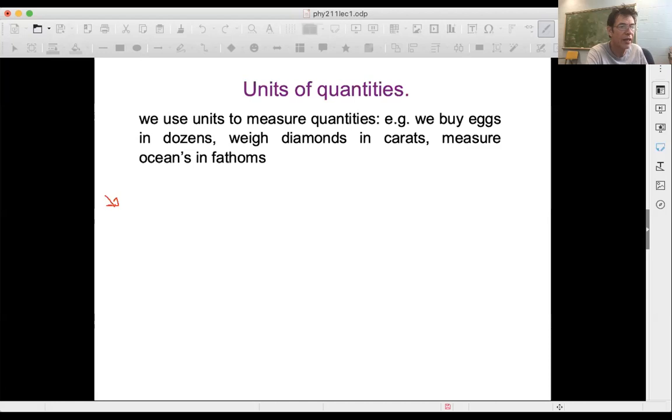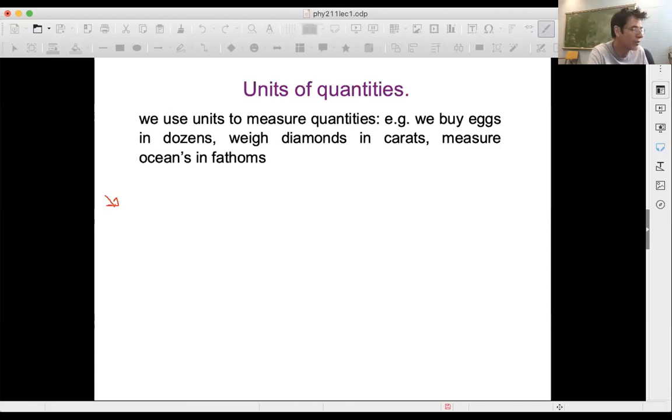So some everyday examples of units are the fact that you buy eggs in dozens. A dozen is a unit, means 12 eggs. If you're getting a diamond ring, you weigh diamonds in a unit called carats. So that's another example of a unit of a quantity.